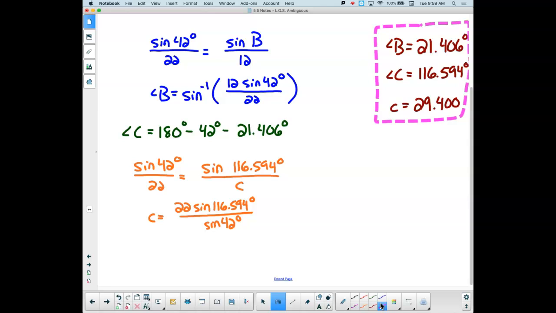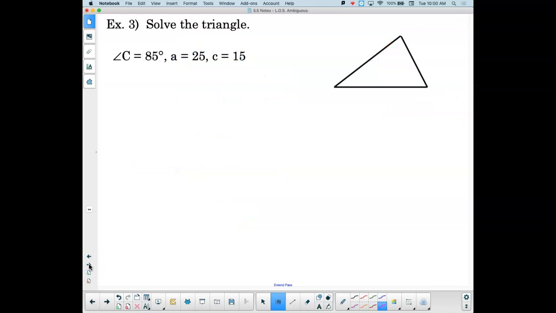Off by a little bit? Got 29.399. I said, oh, you rounded. I didn't. Makes a big difference. Okay? Good? Awesome. Good corrects, by the way.